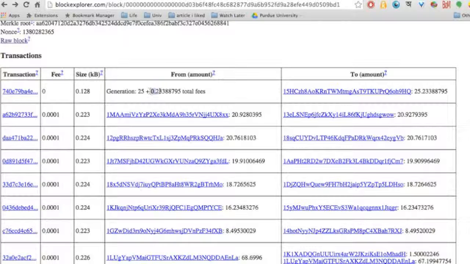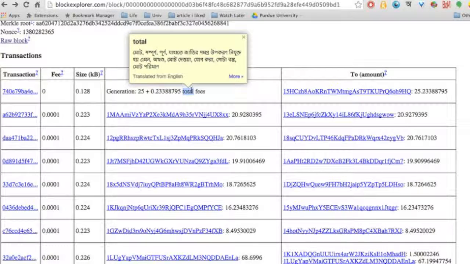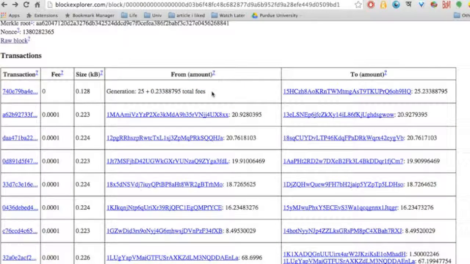And as you can see, this 0.2338795, these are actually the transaction fees. We'll talk more about what this transaction fee means. Okay, so all these are rewarded to the Bitcoin miner who has helped solve the puzzle for this specific block.